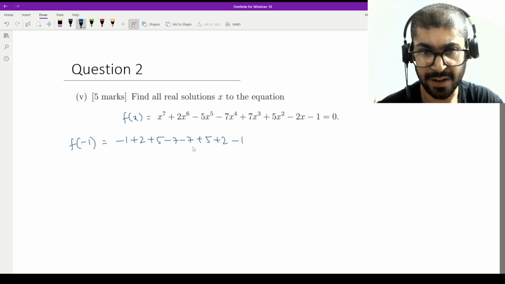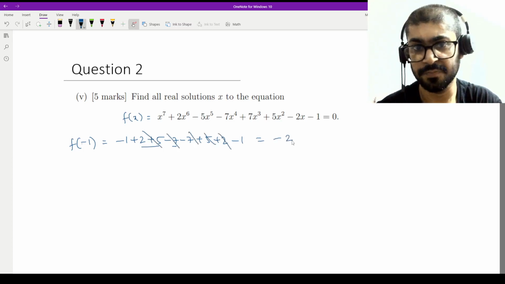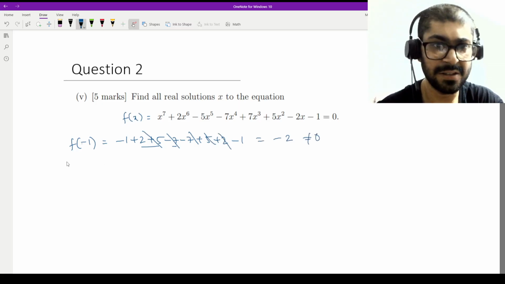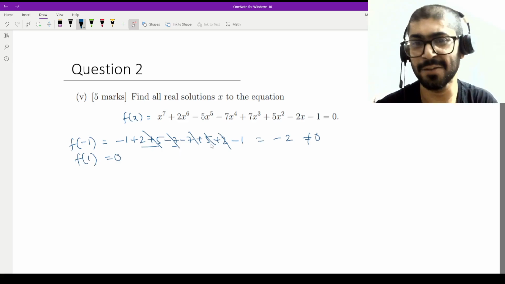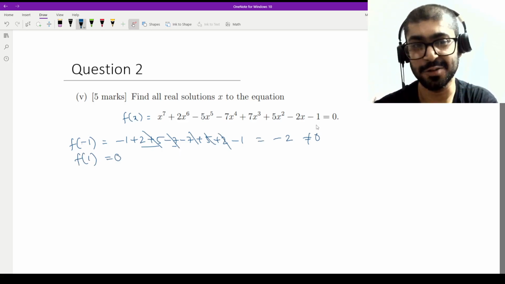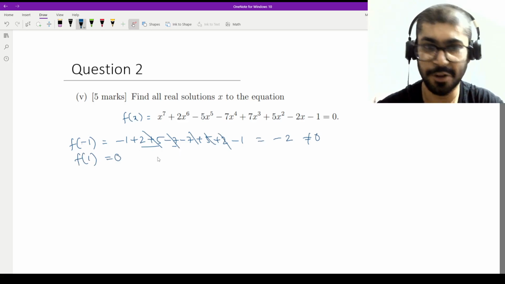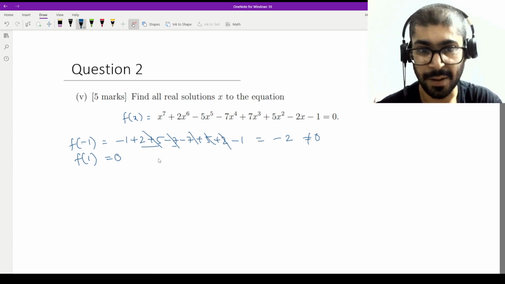So this gives me -14. See, the 7s cancel, but this becomes -2. So this is non-zero. So that means f(1) should be equal to 0. I don't have to check it because it's 1 into -1. If f(-1) is 0, then f(1) will have to be 0. You can check it on your own if you want. But this implies that x minus 1 is a factor.